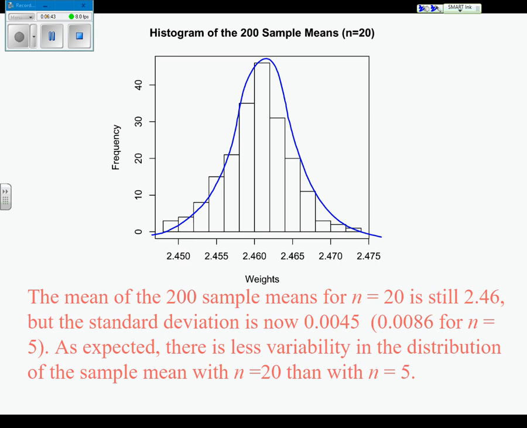So upping the n to 20 actually helps me out statistically. I still got my mean to be 2.46. And I'm going to talk about how to get all these numbers in just a minute. So if you're wondering where in the world he is getting these numbers, it's coming. The standard deviation went even lower. All right? And so there's less variability if I have 20 pennies versus just 5 pennies.